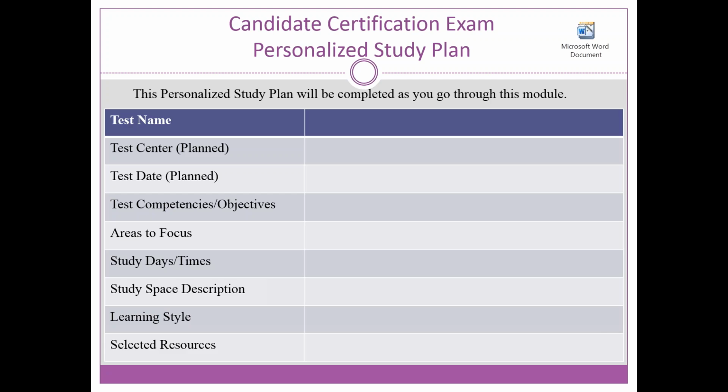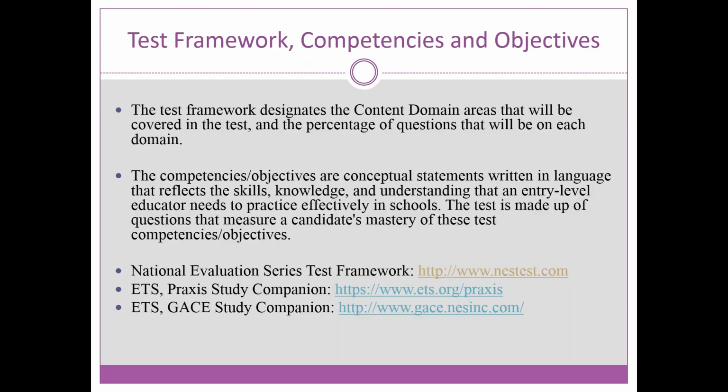This is our candidate certification exam personalized study plan. This will help you organize all of the information that you need as you begin this preparation period prior to taking your certification exam. We'll be going through these today. The test framework, competencies, and objectives designate the actual content that will be covered on the test. It also allows you to take a look at the percentage of questions that will be from each domain.